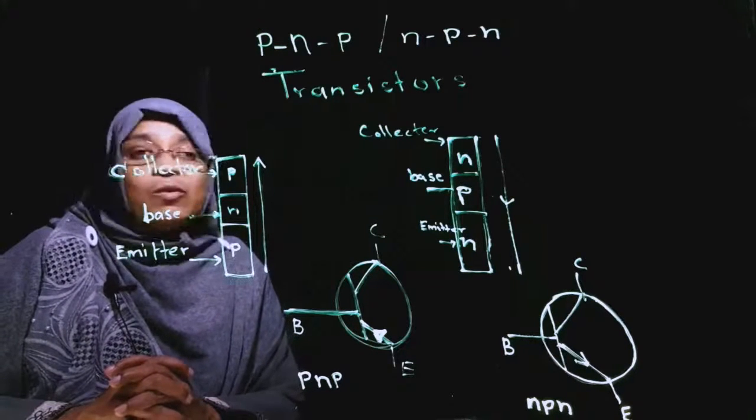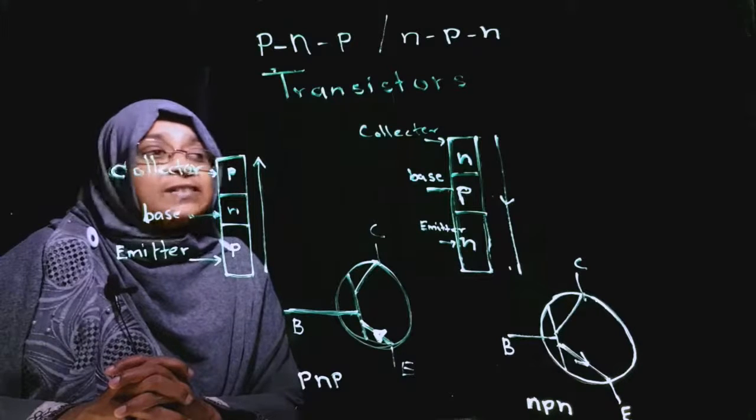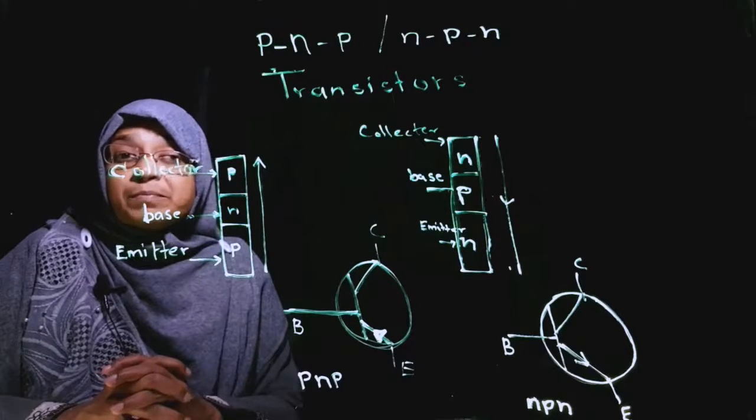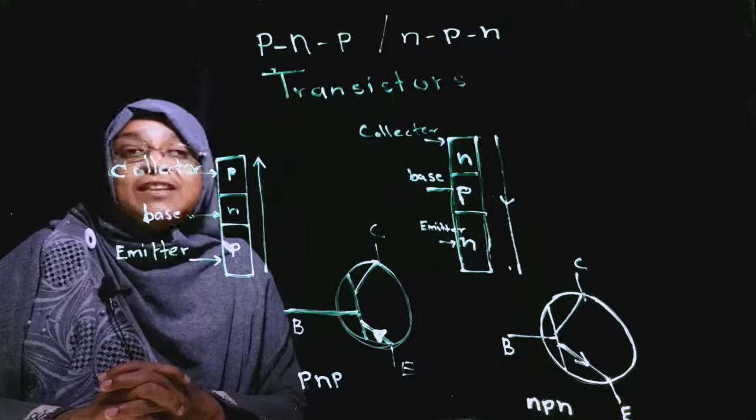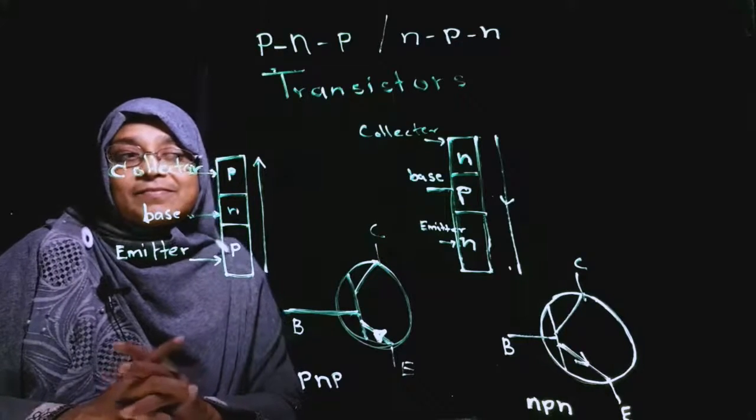Okay, now let's see how these transistors perform in the circuits. Biasing the transistor. According to grade 11, learning about the NPN transistor, I am going to show you how the NPN transistor should be biased.